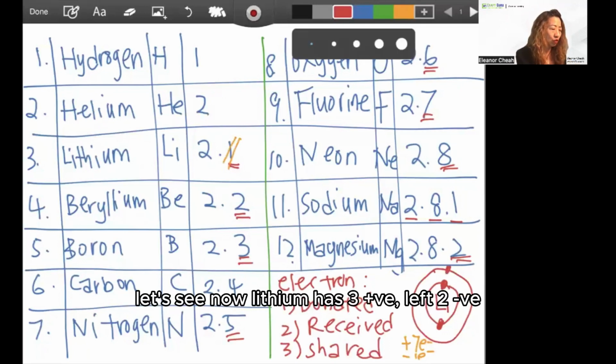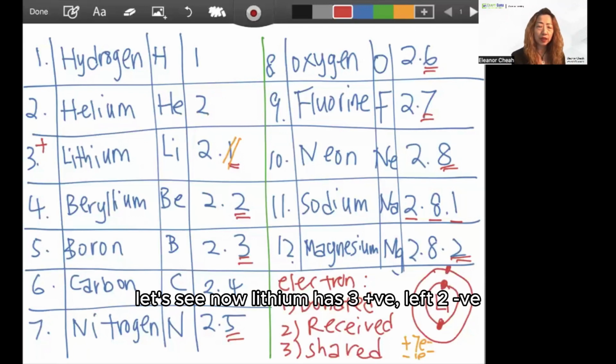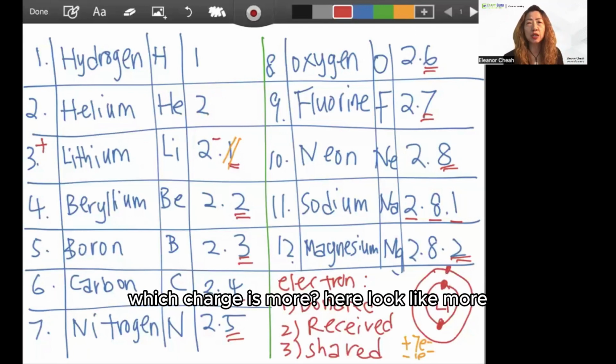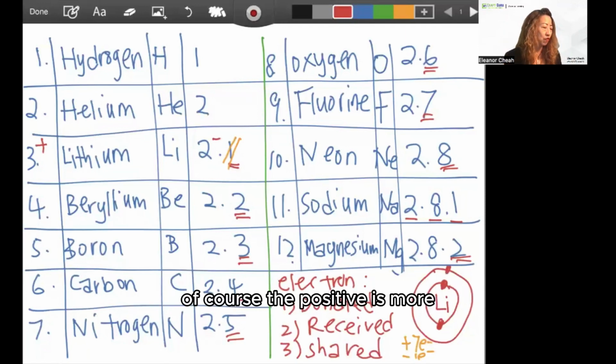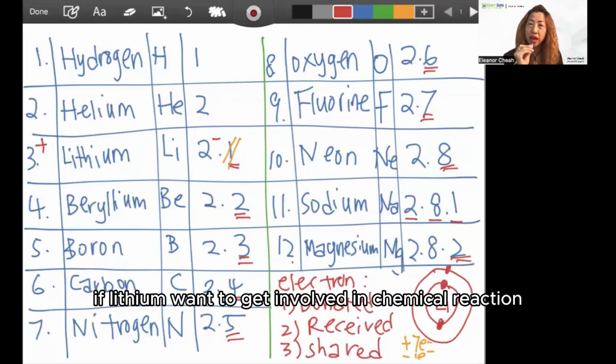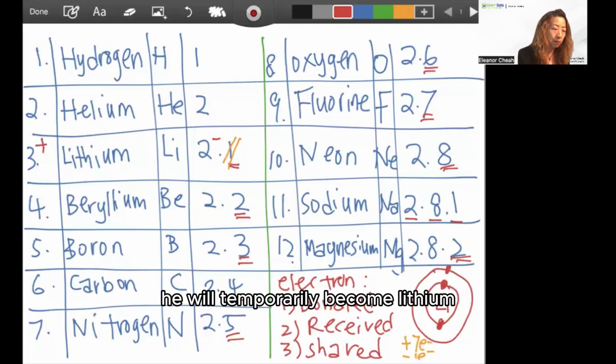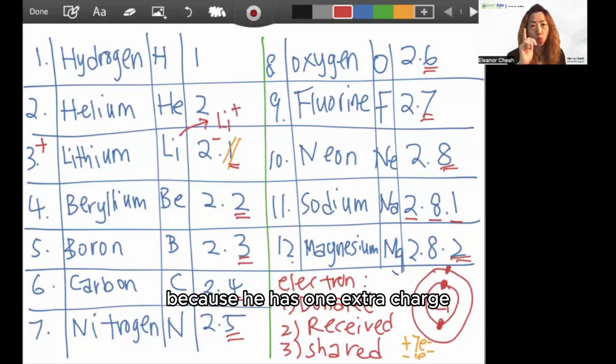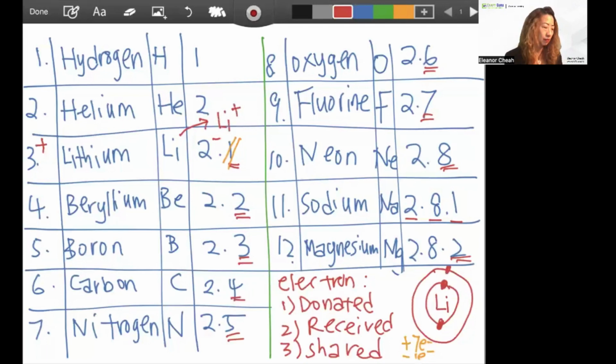Now lithium has 3 positive, left 2 negative. Which charge is more here? Of course, the positive is more. Meaning to say, if lithium wants to get involved in a chemical reaction, he will temporarily become lithium 1 positive because he has 1 extra charge.